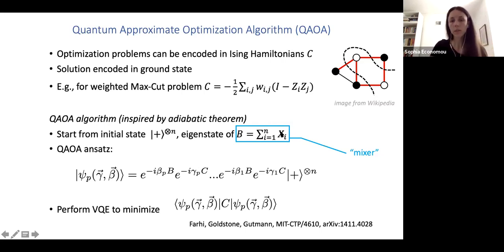And let me point out here that this choice was somewhat motivated physically, because if you view this like an adiabatic problem, what you're doing is starting from the eigenstate of this Hamiltonian B. And in a real adiabatic problem, you would slowly vary some parameter and tune B into C. So you could view the QAOA ansatz as a trotterized version of this adiabatic problem. Of course, we again run into this issue that finite order trotterization might be really different than what you would expect from infinite order trotterization.